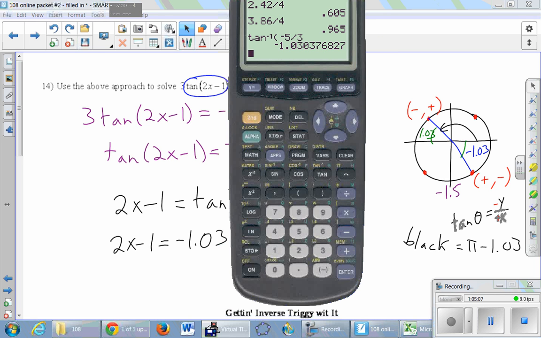Okay, so let's first make the negative of this answer, and then we can do pi minus that. Okay, so we get about 2.11. Okay, so that's our other fundamental answer.